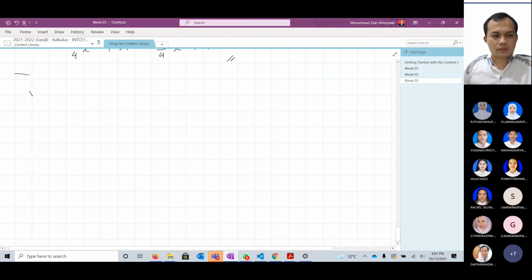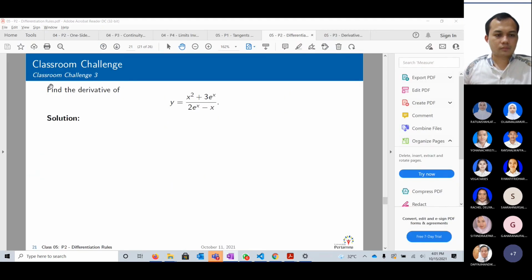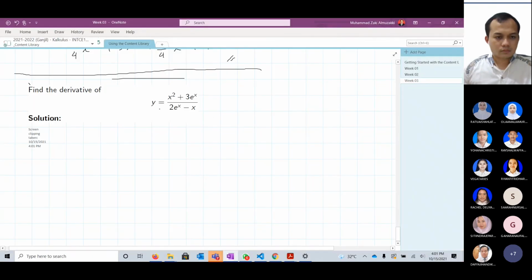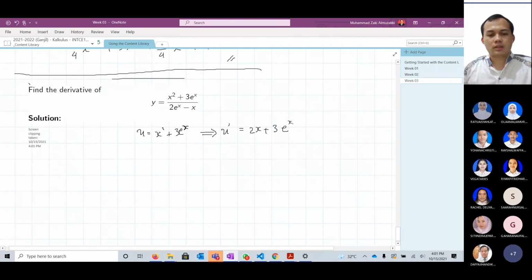So in this case, let's say we have u equal to x squared plus 3e power x, which means that u prime is now 2x plus 3e power x, and v to be 2e power x minus x, which means that v prime is now 2e power x minus 1.